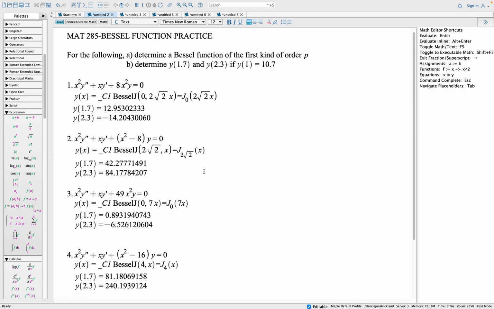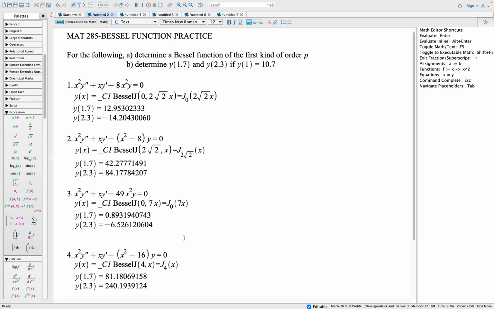And for the third equation, we're back to a zero order Bessel function of the first kind, and here we have J sub 0 of 7x, and y of 1.7 again is just under 0.9, and y of 2.3 we have just under negative 6.5.